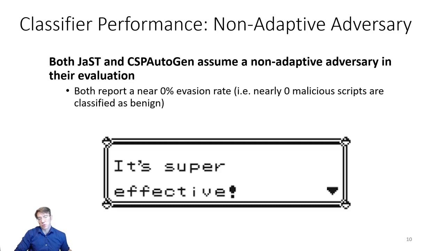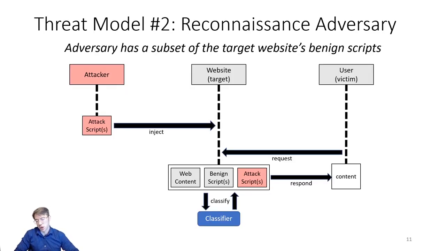Our next threat model that we articulate in the paper, we call the reconnaissance adversary. The difference between the reconnaissance adversary and the non-adaptive adversary is that the reconnaissance adversary has a reconnaissance phase where they can collect a set of benign scripts.